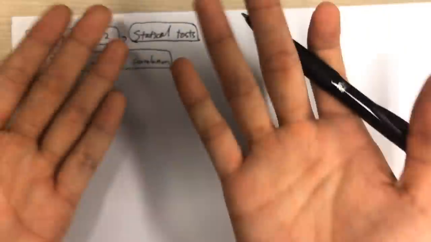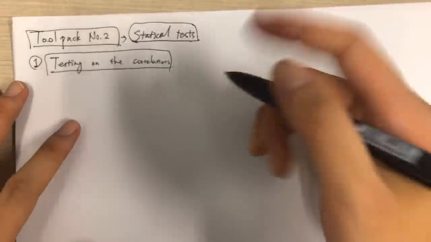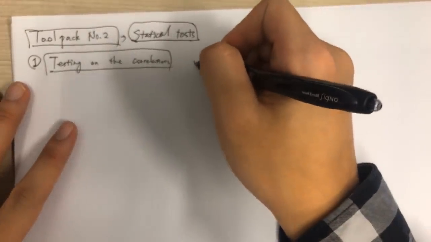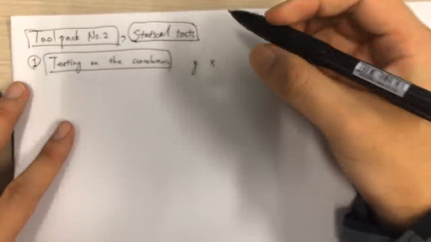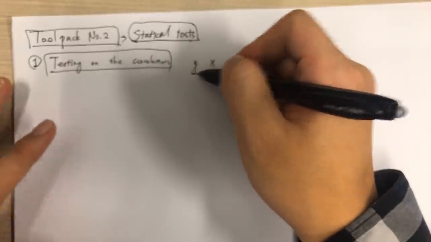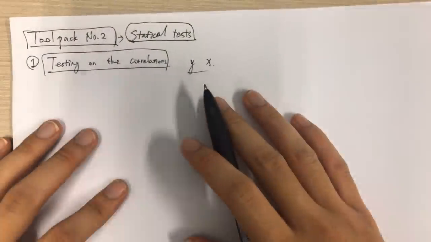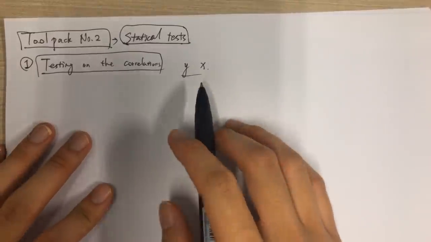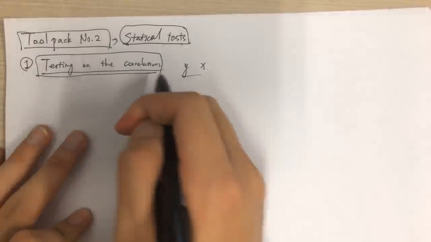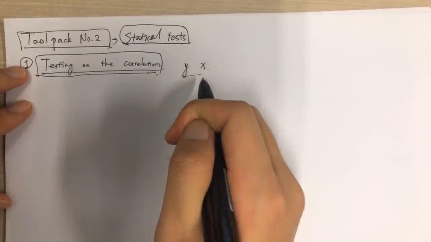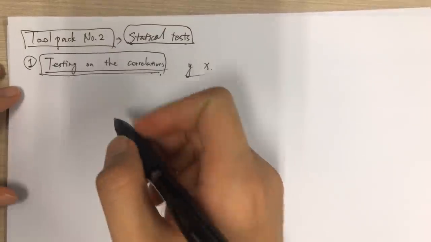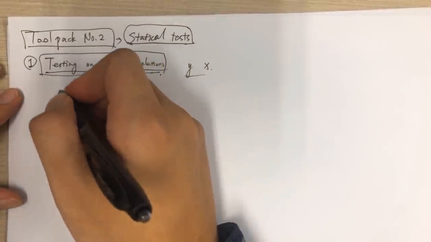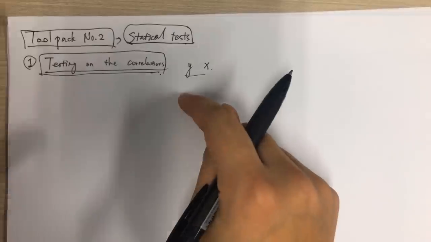If we want to perform a linear regression analysis, we need y and x to have a strong, or at least not so weak, linear relationship, right? Therefore, it's essential to test the correlation between y and x. This correlation can be tested in 2 ways.